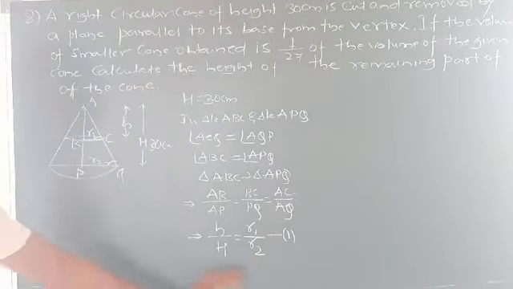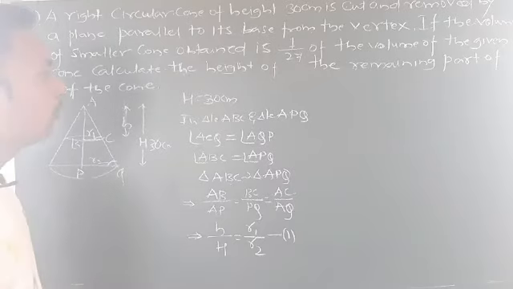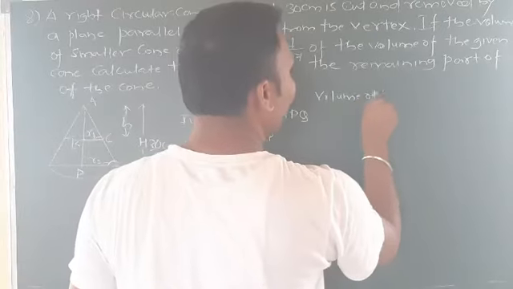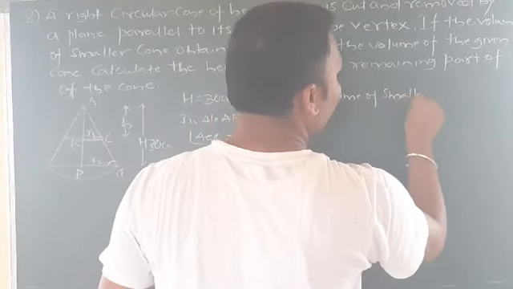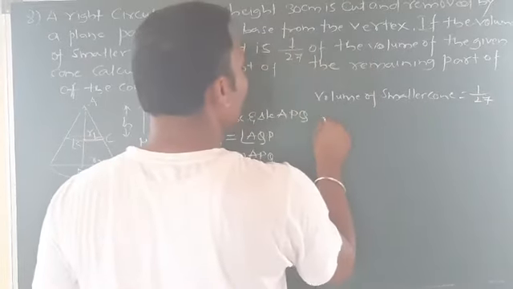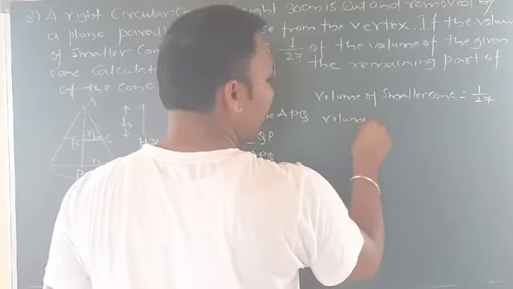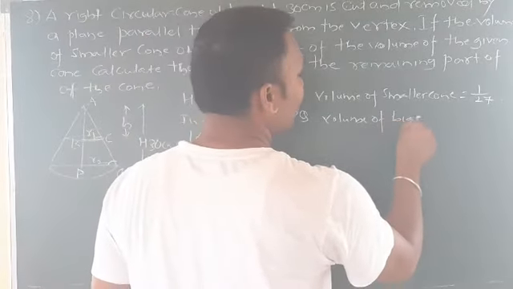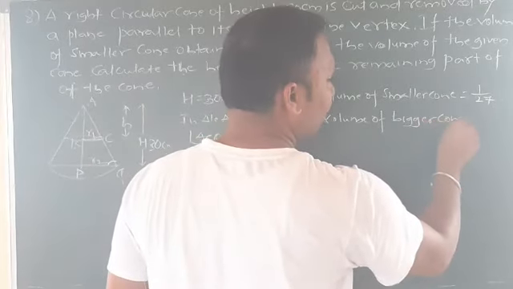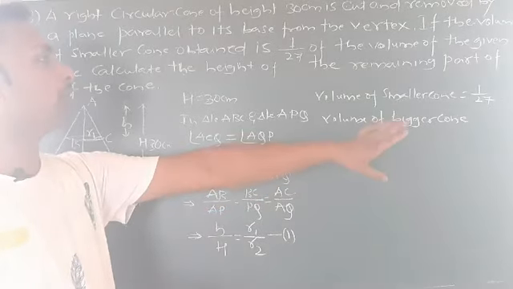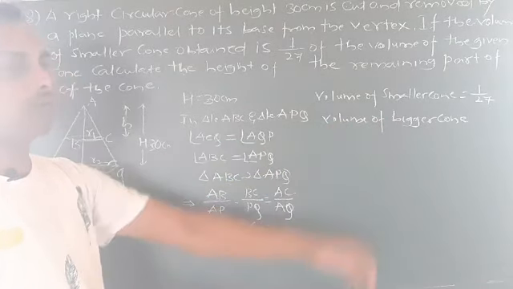Once we have equation number 1, now go for the calculation of values. Volume of smaller cone is equal to 1 by 27 of the volume of the bigger cone.